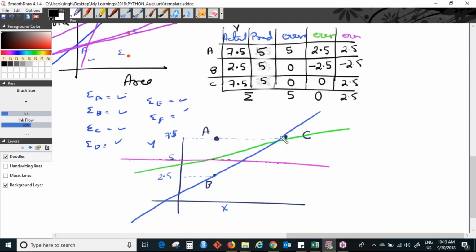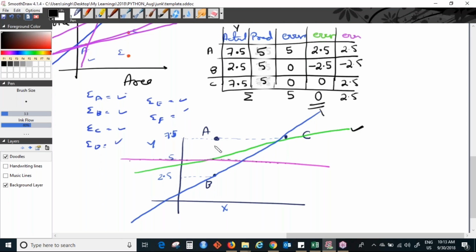Okay, so which is the best line as per this? The green line, right? The green line is the best. But do you think the green line makes 0 error, as we get here? We are getting a total error of 0.